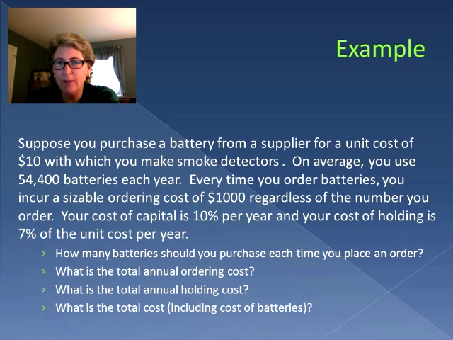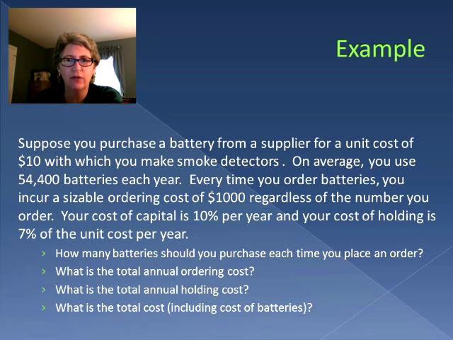Whether we order one battery or 100 batteries or 2,000 batteries, it's still going to be $1,000 every time we place an order. Our cost of capital is 10% per year, and our cost of holding is 7% of the unit cost per year. So now, how many batteries should we purchase at a time? In other words, what is our quantity when we place that order? Then also, what is our total annual ordering cost, holding cost, and our total cost?